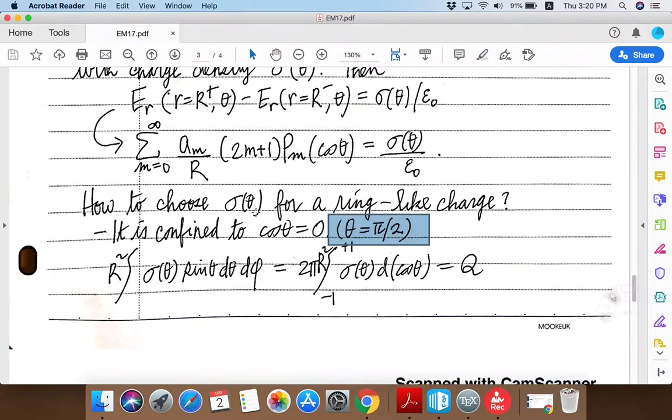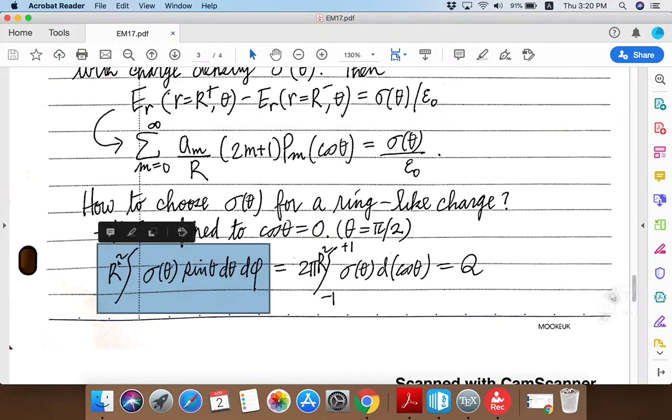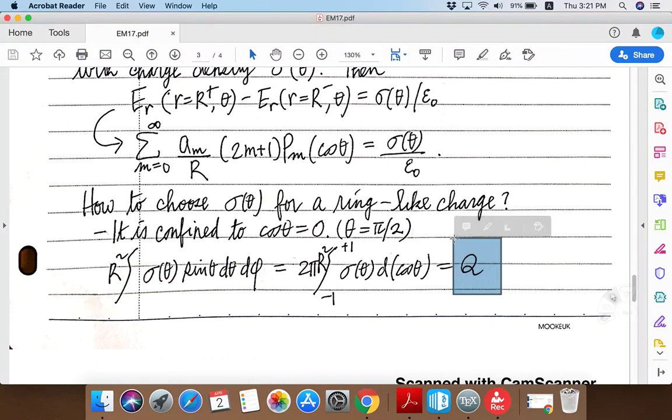So the only place where there is charge is where cosine theta is equal to 0. Furthermore, if you integrate this charge density over the surface of the sphere by introducing this area element of the sphere, then the result better be equal to the total charge, Q.